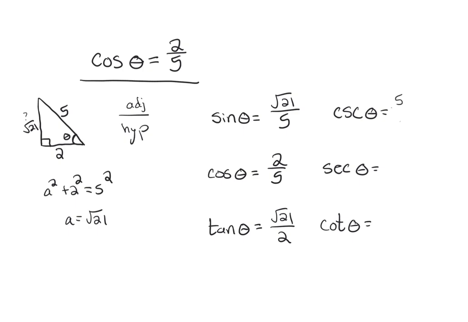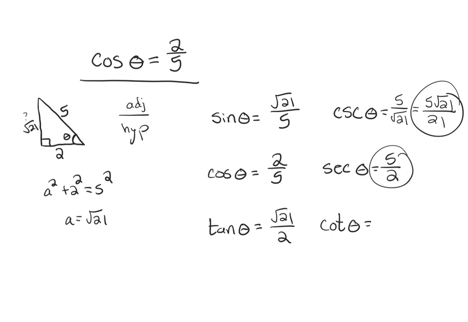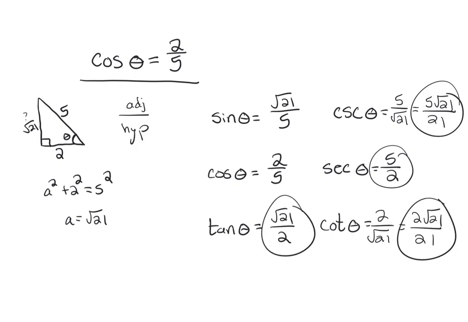So I will have 5 over the square root of 21, and then rationalize your denominator, so it's 5 square roots of 21 over 21. 5 over 2, and then 2 over the square root of 21, which is 2 square roots of 21 over 21. So given this, we now know the values of all 6 trig functions.